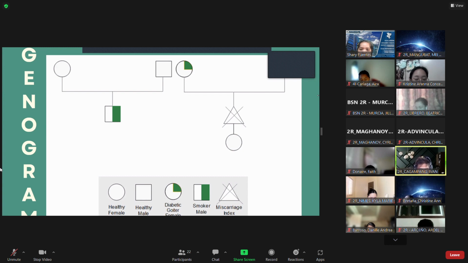However, client L has a history of overdue pregnancy in her second pregnancy and miscarriage on her third pregnancy. So this is her fourth pregnancy, and she is 4 months pregnant.